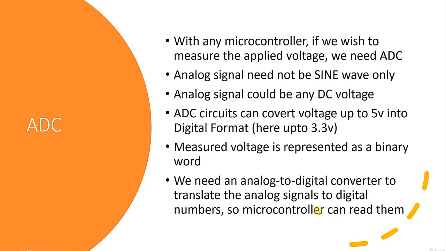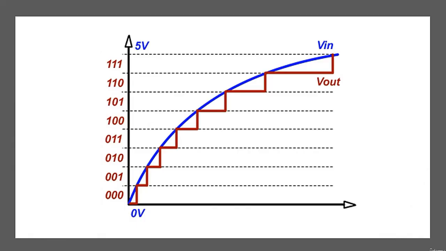Now, this image will give you a very simple understanding or visualization of how ADC functions. This is a very simple 3-bit ADC and the voltages shown are between 0 to 5 volt.